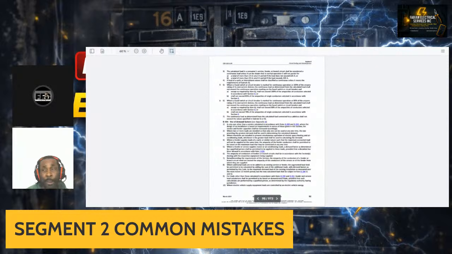And again, using the wrong size when it comes to sizing your breakers. Undersizing your cable is dangerous. Always try to oversize. That's the difference between upsizing your wire and downgrading your wire.